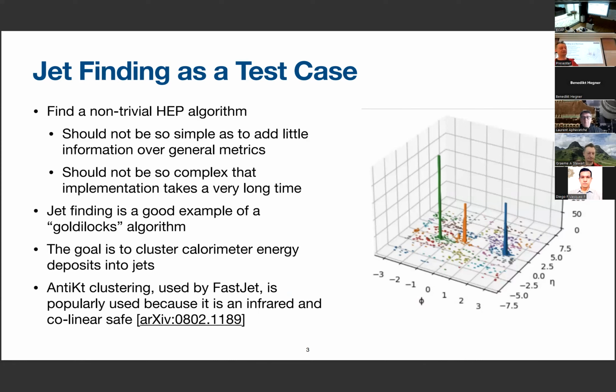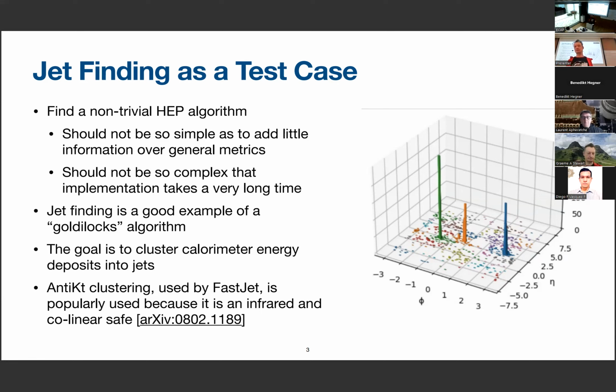Jet finding is a nice example in CHEP which is not so simple that it doesn't add much to the general metric, but not so complicated that it takes a very long time to implement. It's a Goldilocks algorithm: not too hard, but not too easy either.